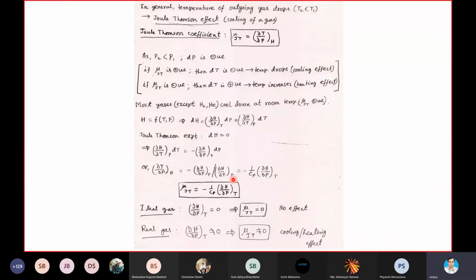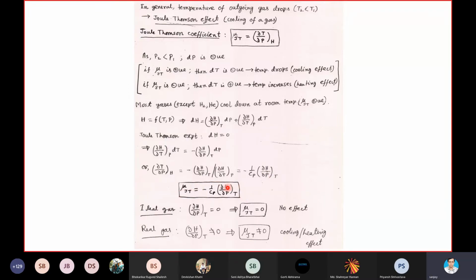Cp equal to heat exchange dQp by dT, and dQp is equal to dH, you know that. So this term is the heat capacity at constant pressure. So I have mu equal to minus 1 by Cp into del H del P at constant T.